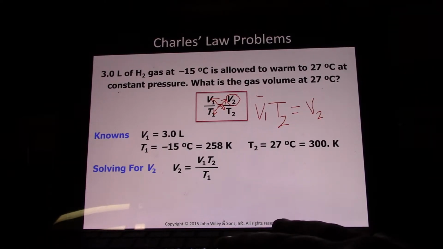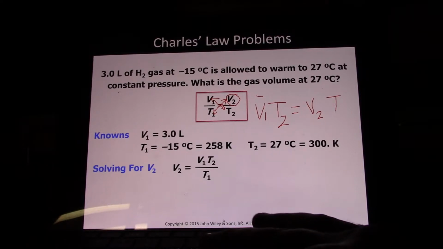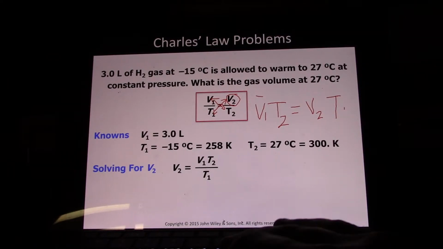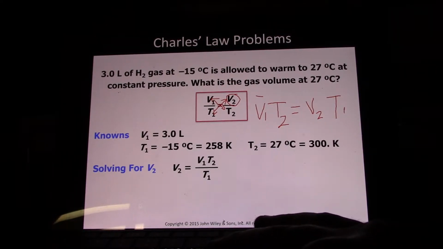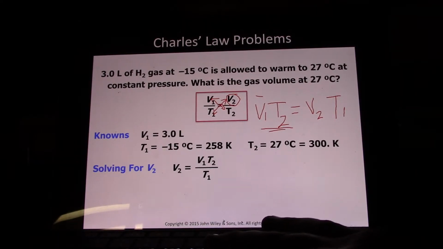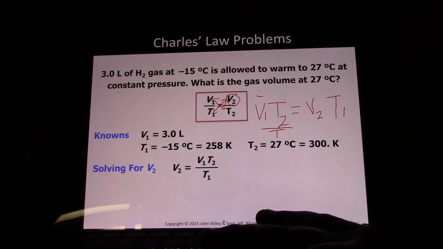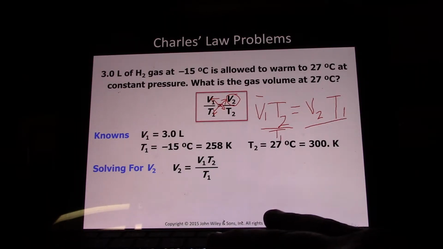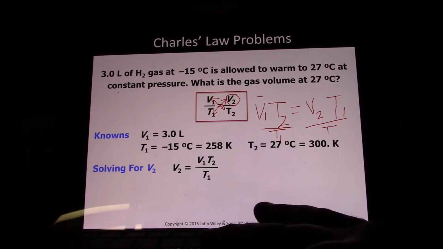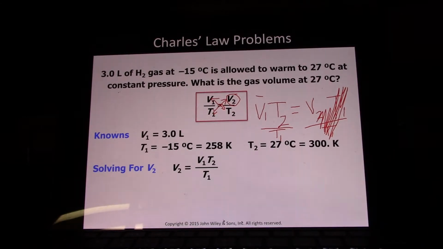That's cross multiplying. And then to solve for V2, we divide both sides by T1. T1 divided by T1 is 1, giving us our equation.